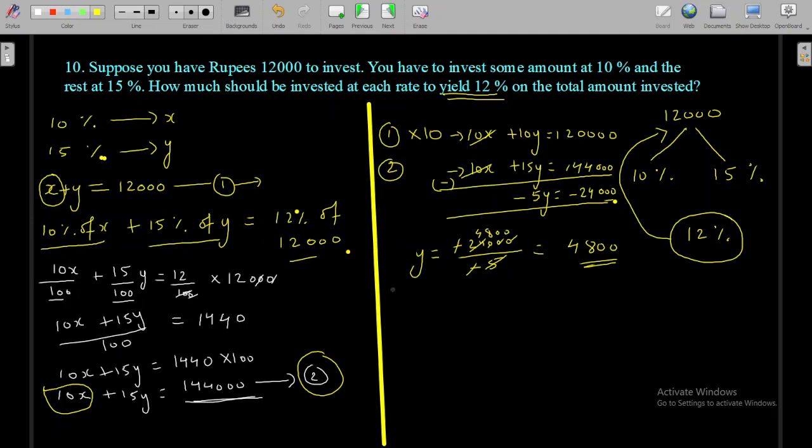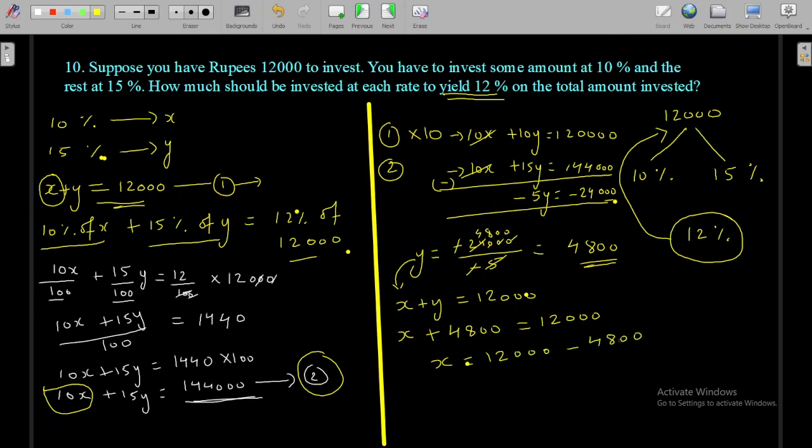So what you have to do? You have to substitute this value in equation 1. This is our equation 1. So I'll write x plus y is equal to 12,000. So x we have to find out. Y we got 4800, so x plus 4800 is equal to 12,000. So x is nothing but 12,000 minus 4800.